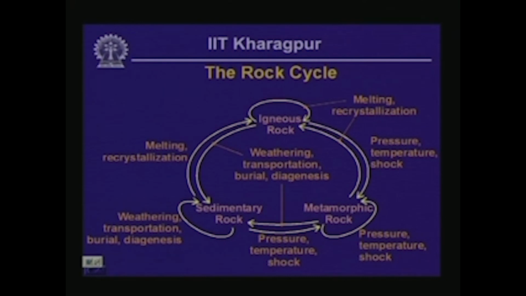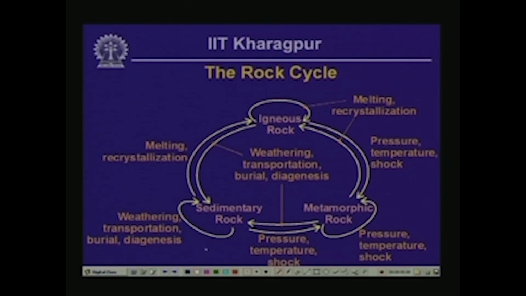And then metamorphic rock upon melting and recrystallization could give rise to igneous rock, whereas igneous rocks upon the action of pressure, temperature, and shock give rise to metamorphic rock. And then there are loops that are self-contained.